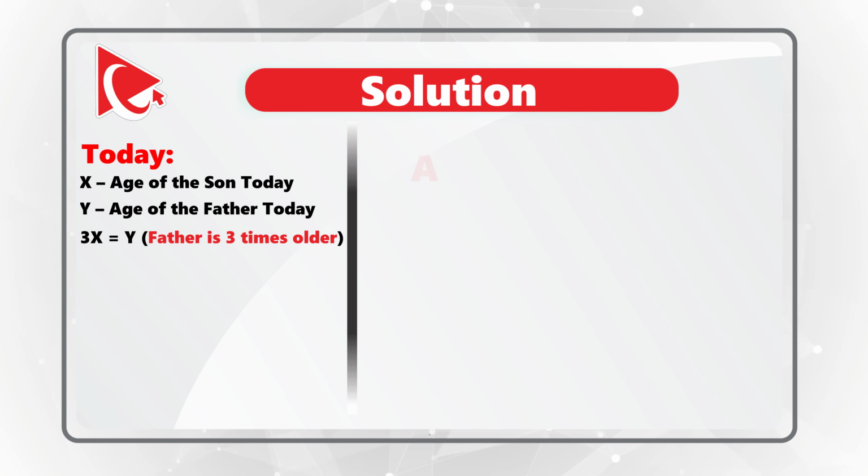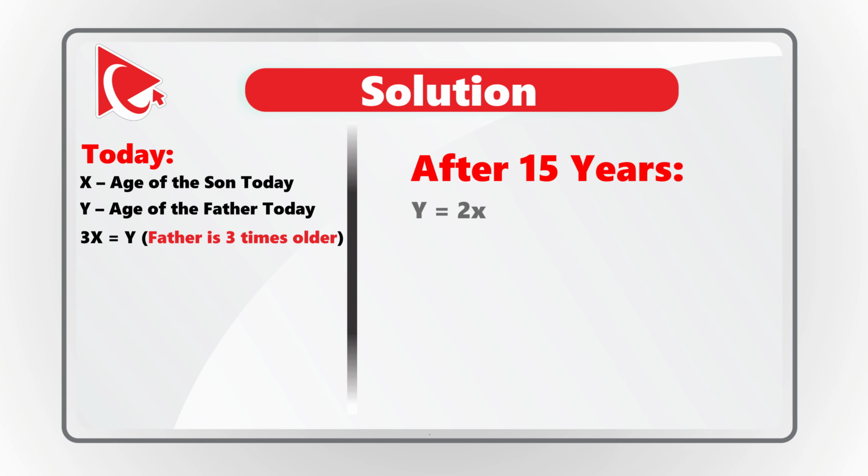After 15 years, our expression will be different. The new expression will be y equals 2x plus 15. Because in both cases y is the same, we can build a new expression 3x equals 2x plus 15. Once we simplify, 3x minus 2x will equal 15.